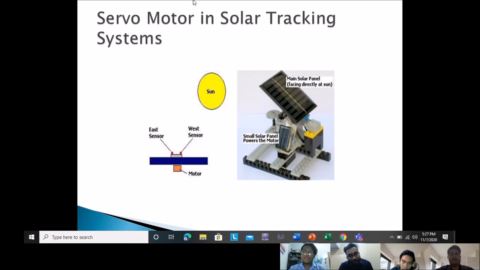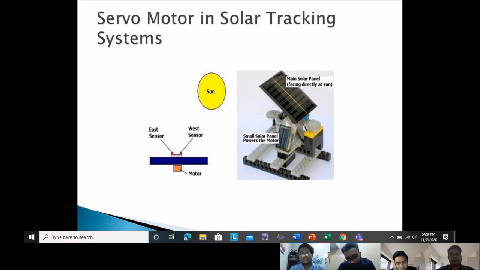Okay, the last application is the servo motor in a solar tracking system. Okay, you can see in the left picture, the motor is at the bottom, and there is the east sensor and the west sensor, and the sun is on top. This solar tracking system is used for the sun mainly.